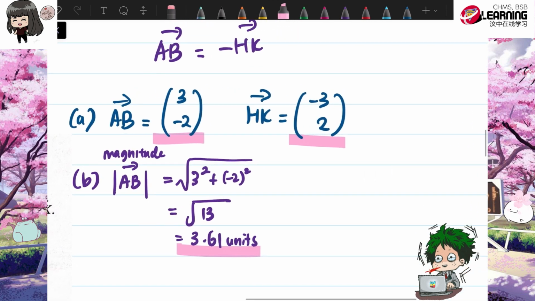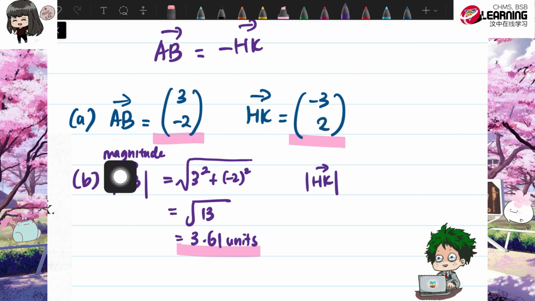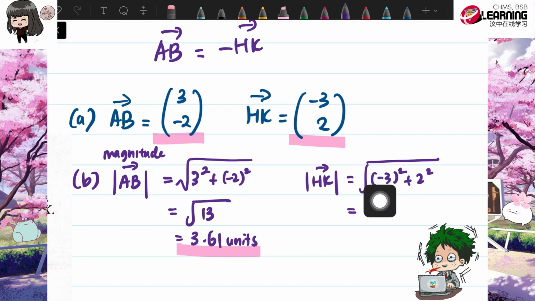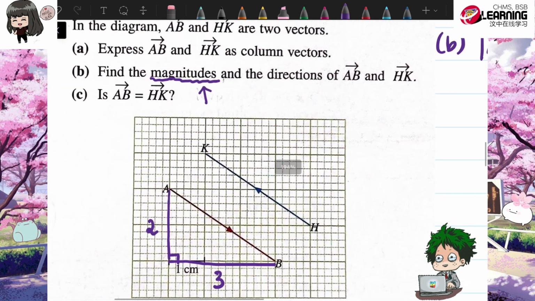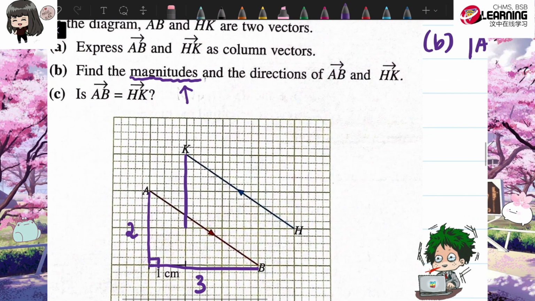That's the magnitude of AB. Next is the magnitude of HK. If we don't look at the diagram, we just look at this vector. What we do is x squared plus y squared. After you square, you will still get a positive, so it's actually the same thing: 3 squared plus 2 squared. If you're looking at the diagram, it can be formed into a triangle as well.